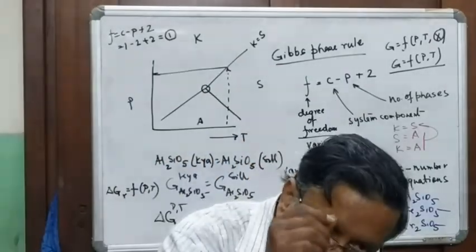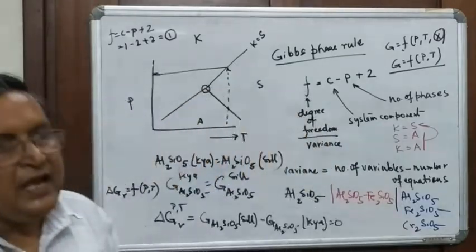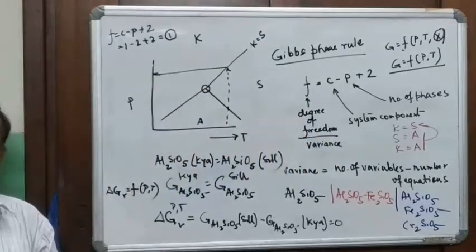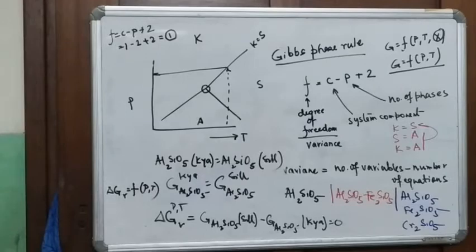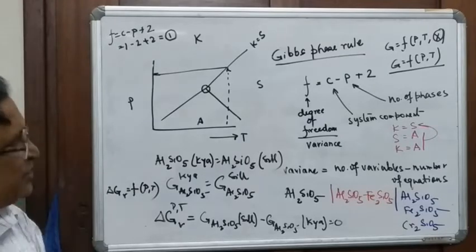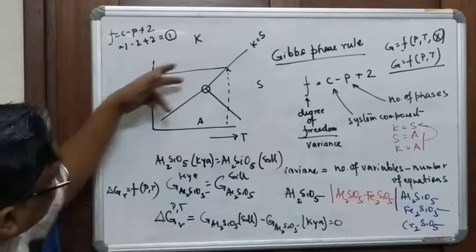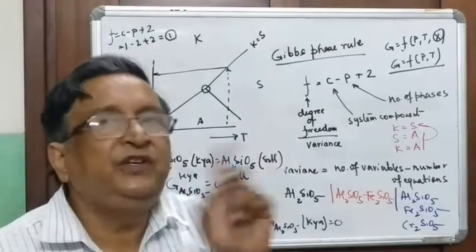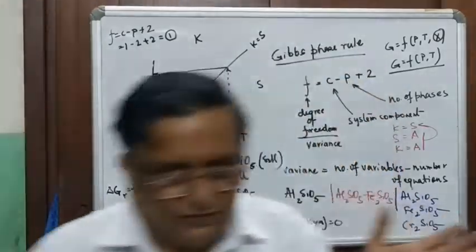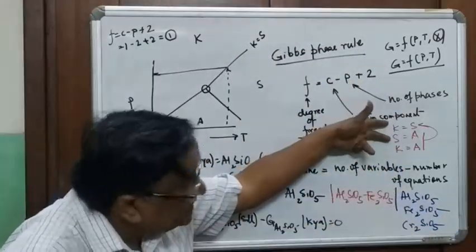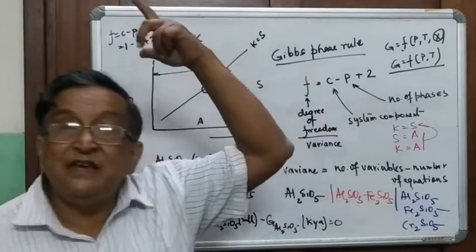This is a very, very important point. I will elaborate on it in my next lecture. The important point is that all 3 reactions are not independent. 2 of them are independent, 1 is dependent.